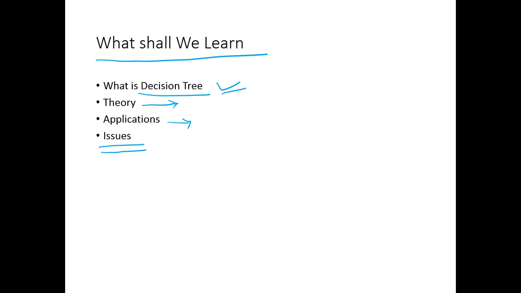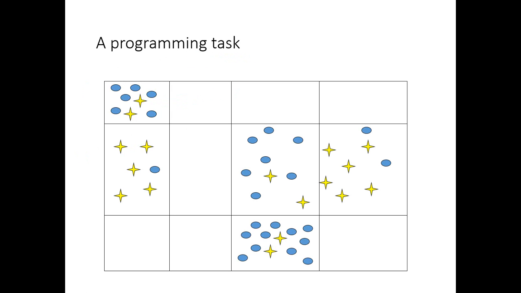So we'll discuss that. We'll go one by one, and we'll ensure that we give sufficient time for each one of these four areas. So let's start with a simple example.